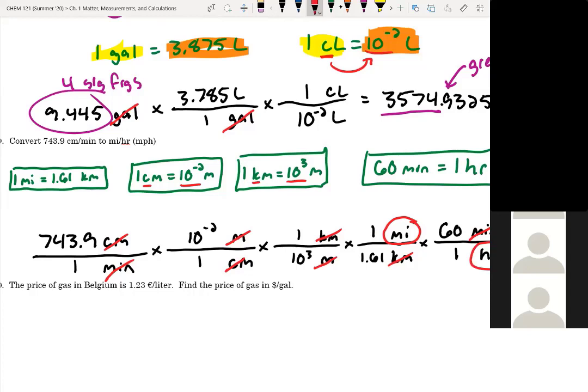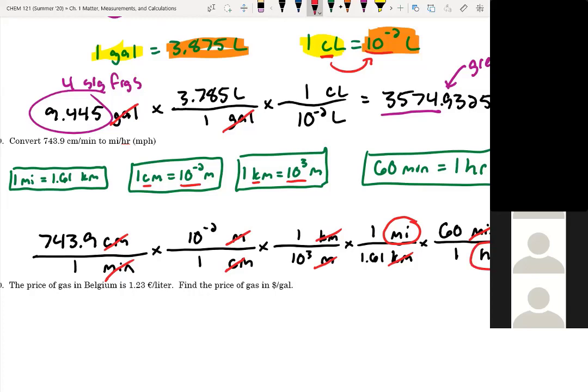So I'm getting 743.9 times 10 to the negative 2 times essentially 10 to the negative 3, or you could say 1 over 10 to the negative 3, times 1 divided by 1.61 times 60.